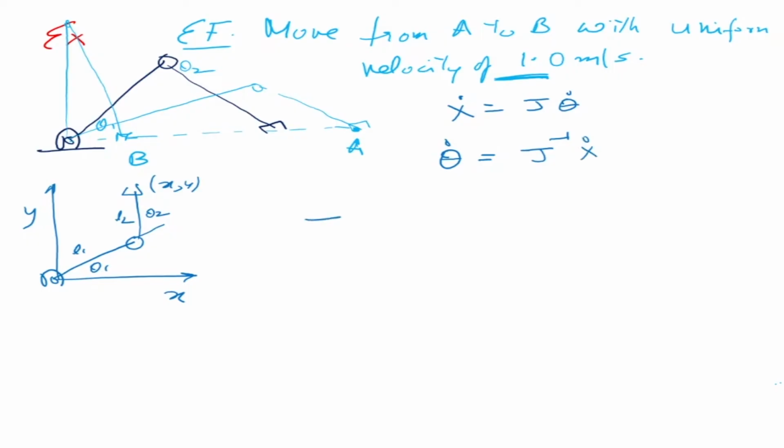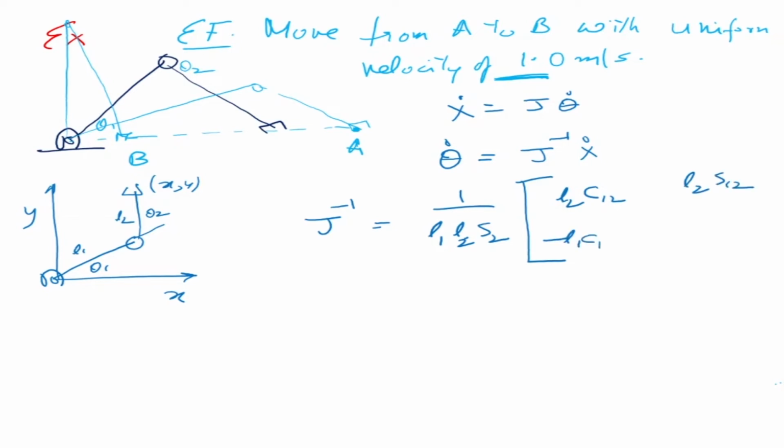J inverse we have seen is equal to 1 by L1 L2 sine theta 2, and then the adjoint of J, which is L2 cos θ1+θ2, L2 sine θ1+θ2, minus L1 cos θ1 minus L2 cos θ1+θ2, minus L1 sine θ1 minus L2 sine θ1+θ2. This is the adjoint of the matrix J. So this gives us the relation.